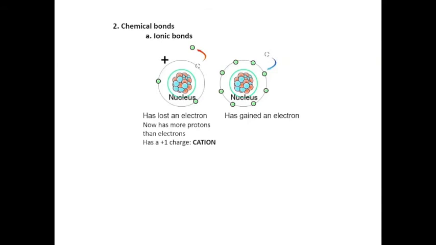If it gained an electron, it now has fewer protons than electrons, or we can say it has more electrons than protons. And it now has a -1 charge, and we call those anions.